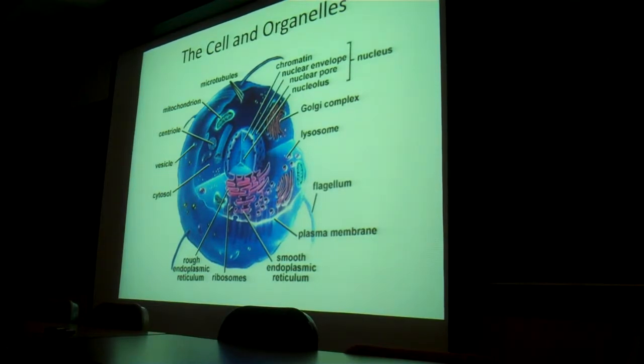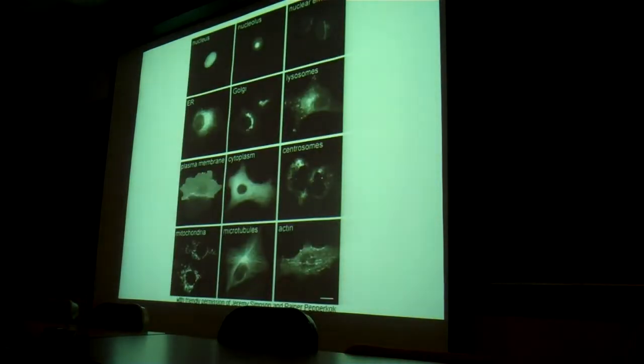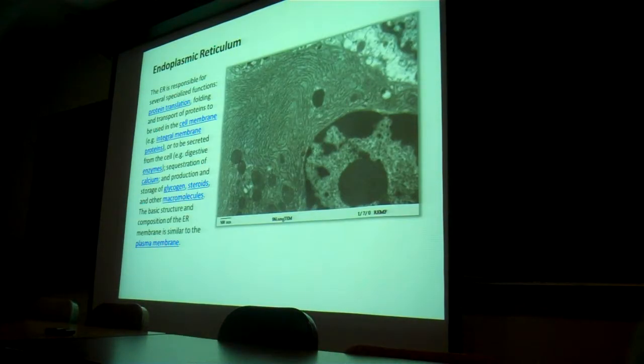Everybody should be familiar with most of these terms, so I'll just pass on here. This is the endoplasmic reticulum. These look like they've got cristae there, so these are probably mitochondria. And you've obviously got the nucleus and the nucleolus.